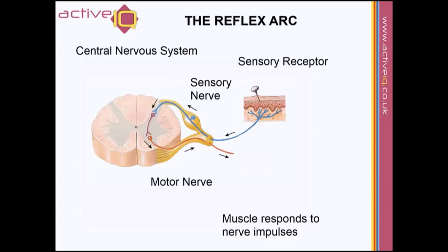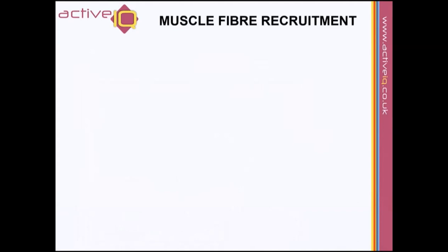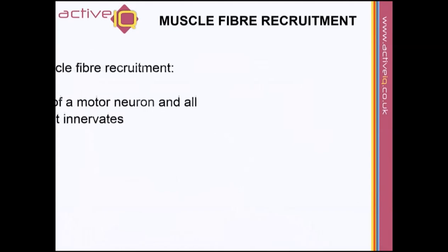So when an electrical message is sent to the muscle, it will either contract or do whatever you may want it to do at the time. So you can see when these motor nerves via the central nervous system are initiated, there will be flexion of the elbow in that particular instance.